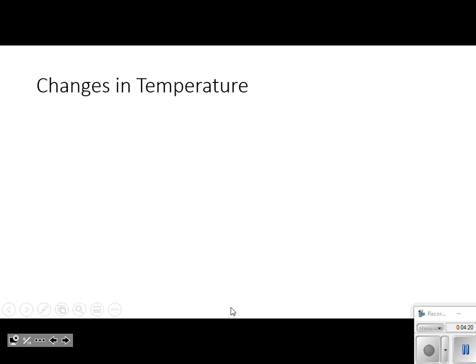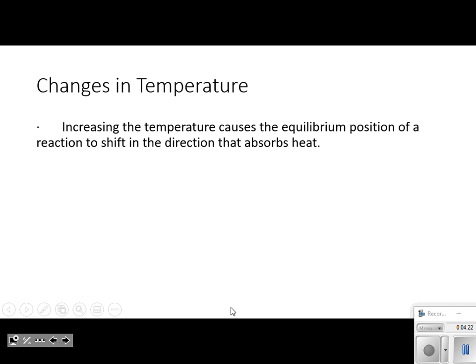Temperature. Increasing the temperature causes the equilibrium position of a reaction to shift to the direction that absorbs heat. So, if I have this particular reaction right here, think of my teeter-totter again.